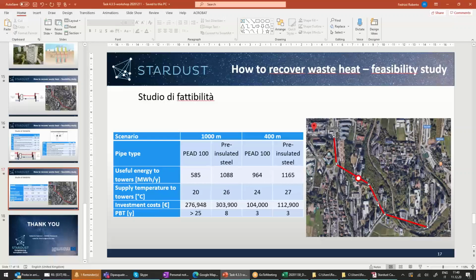Imagine that in Italy, gas price is in the range of 9 cents per kilowatt hour. Waste heat, we consider it at 1 cent per kilowatt hour. Okay, so 1 or 2, I don't remember, but say 10-20% of the gas price. And this is the result.